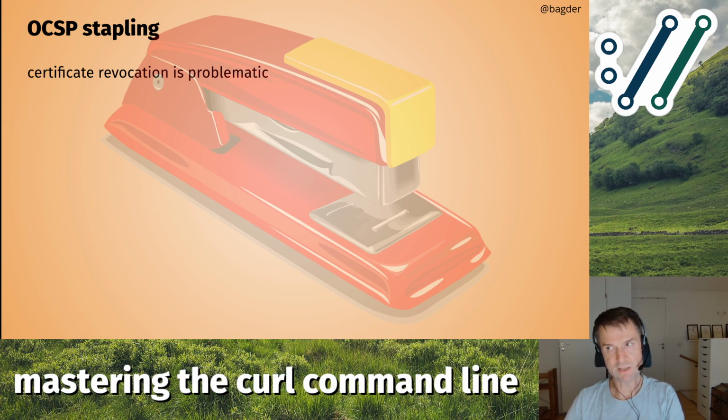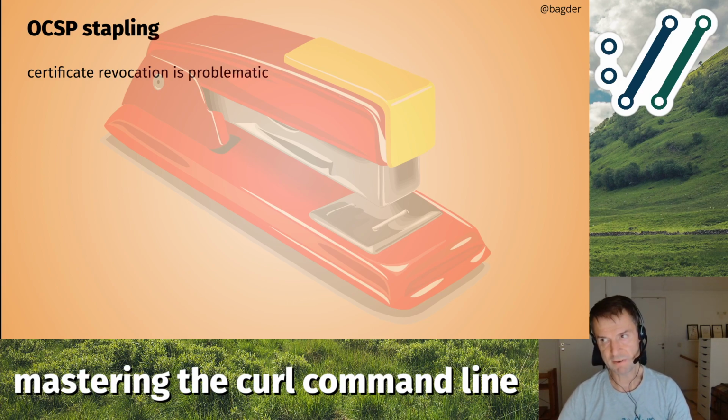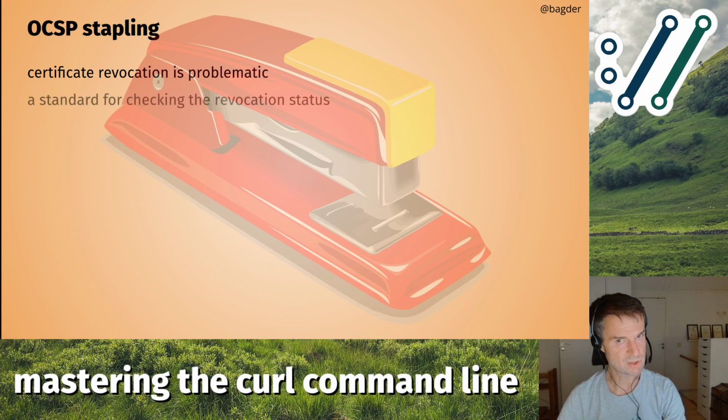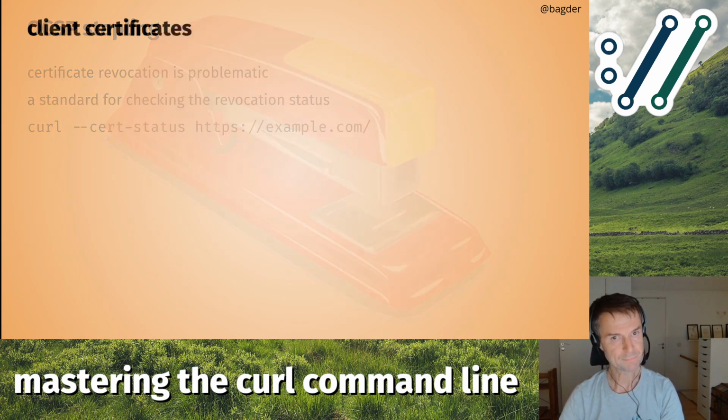One way to counter that bad system is to use OCSP stapling, which basically means that the certificate provides a guarantee that this has been recently verified to be up to date, and you can use curl to ask for that stapling check, to double check that the server is not revoked.